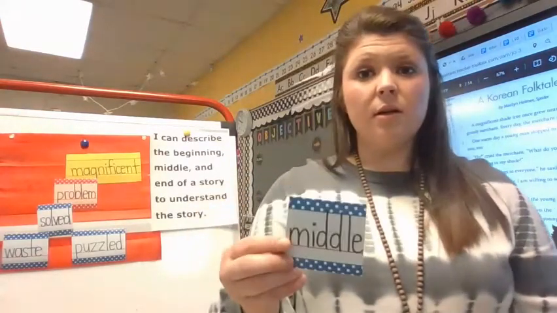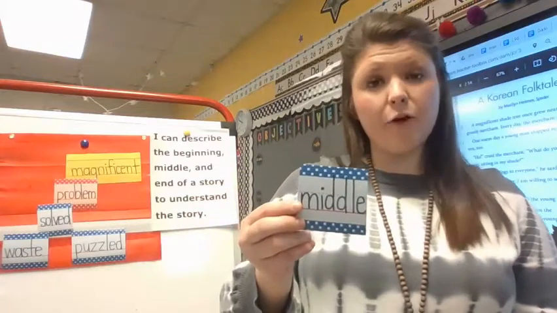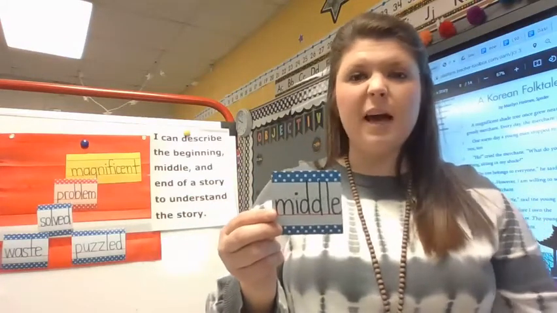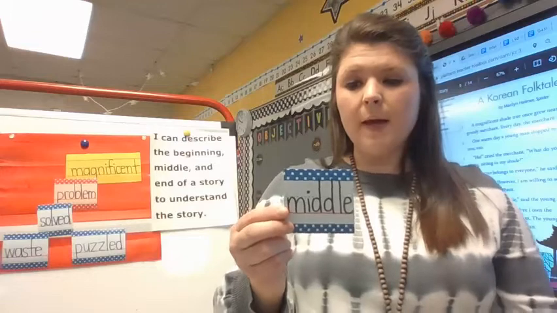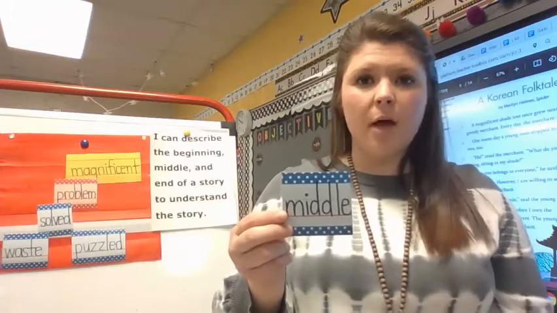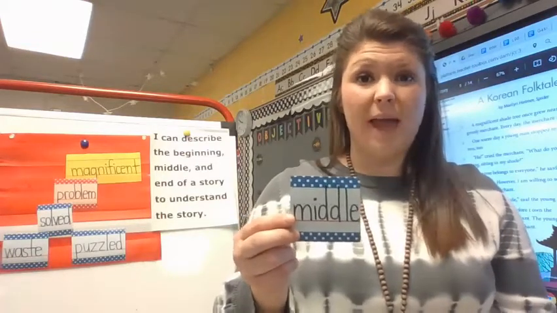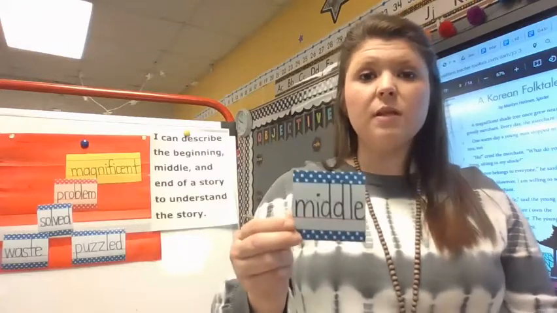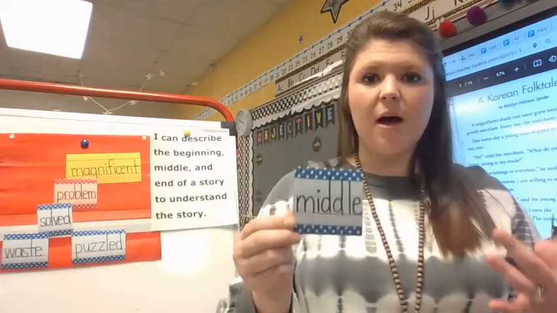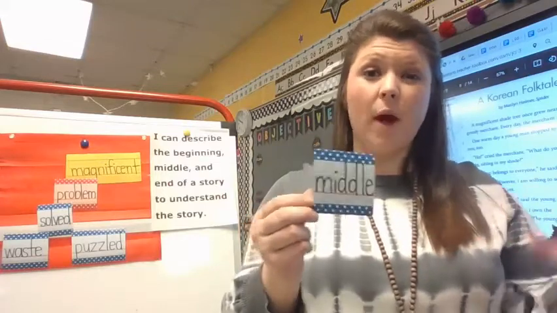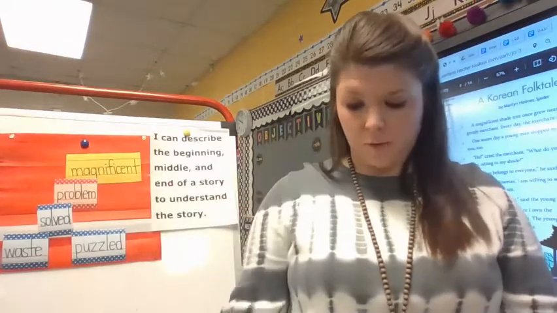The middle is the part that's after the beginning, but before the end. It's that middle central part, and it's where the problem of the story or the plot of the story happens, okay? So this is where we get those details of what's happening, how the problem is growing.